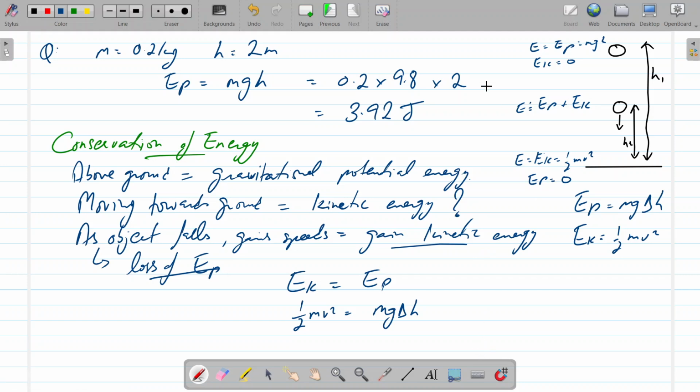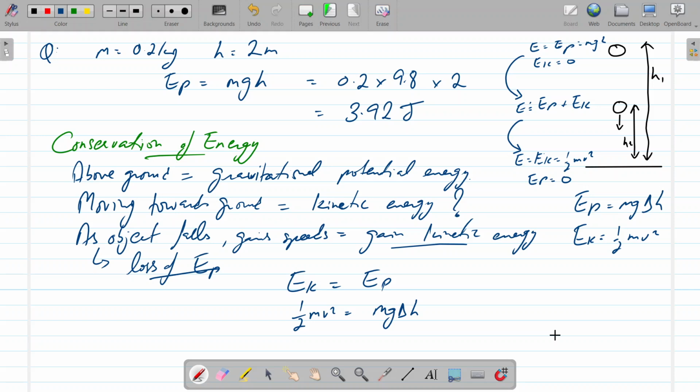So what this is showing is the conversion, the transfer of energy from potential, to the object having both, to all the gravitational potential energy being converted into kinetic energy. Does that make sense?